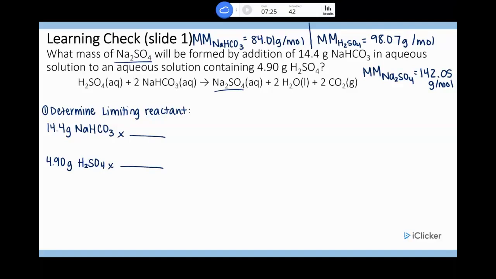Whichever amount is lower, that's the amount that's going to be produced. But if we're just determining the limiting reactant, we have 14.4 grams of sodium bicarbonate. Convert to moles of sodium bicarbonate. And our molar mass is 84.01 grams.